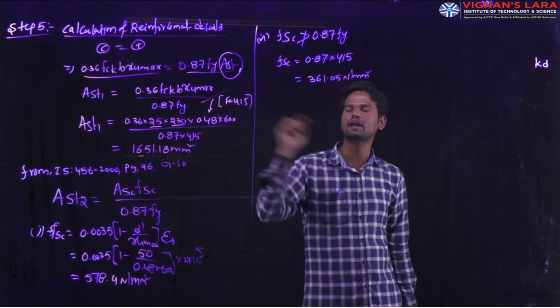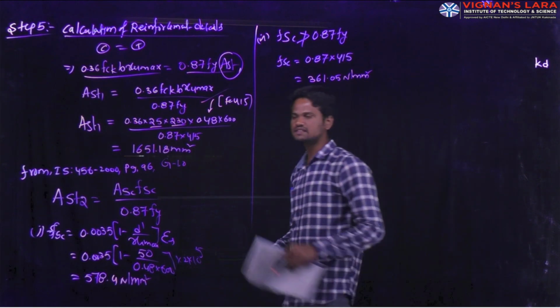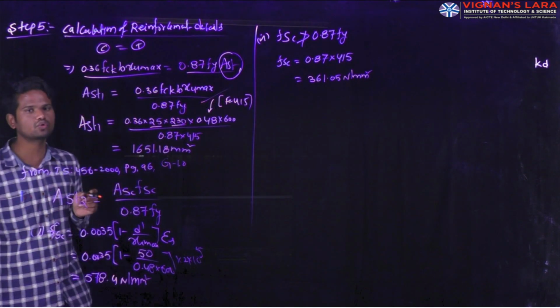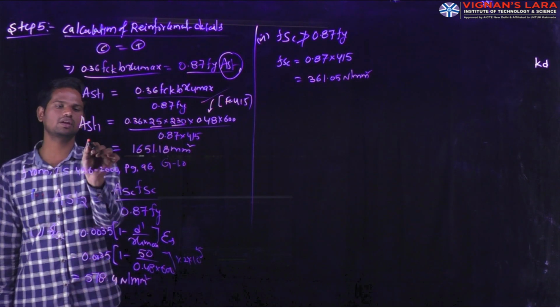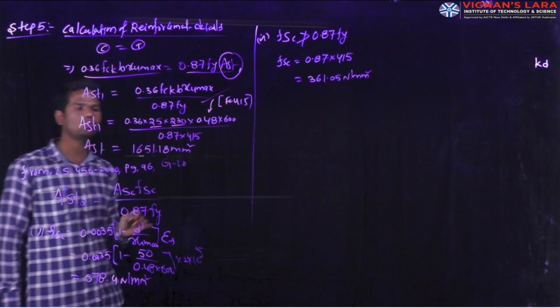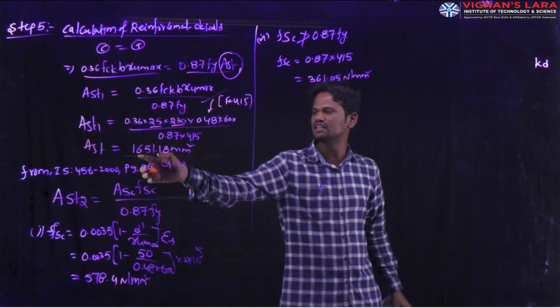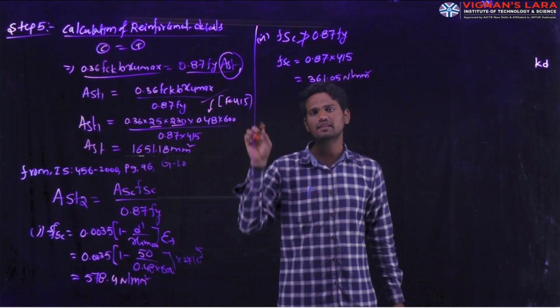Hence we substitute 0.48 into d, where d is 600 mm, the effective depth we are providing to the beam. If you calculate this, the area of steel Ast1 equals 1651.18 mm square. That means this steel reinforcement will resist the beam for the limiting moment.